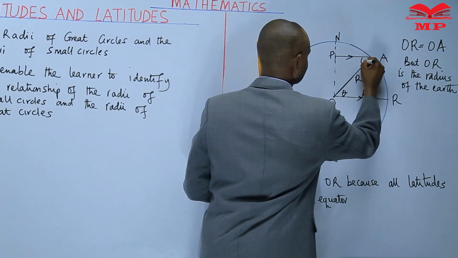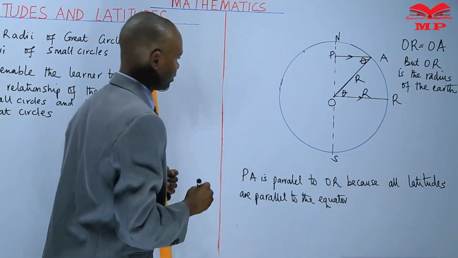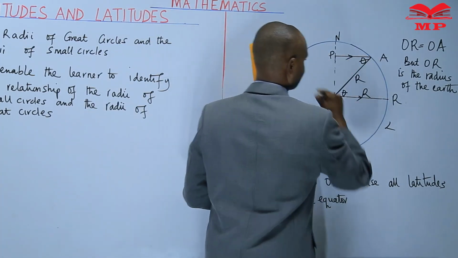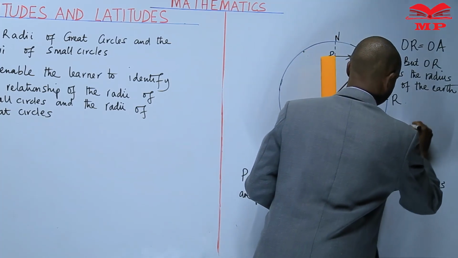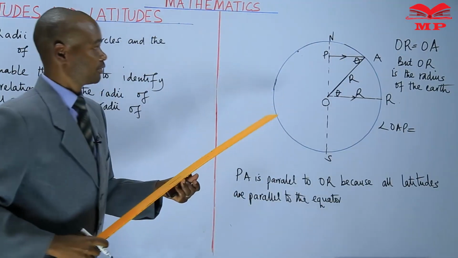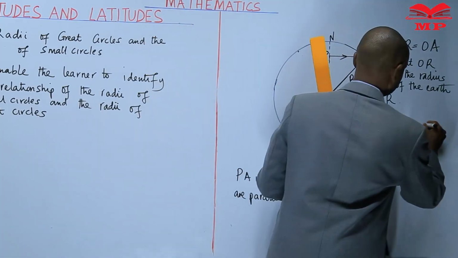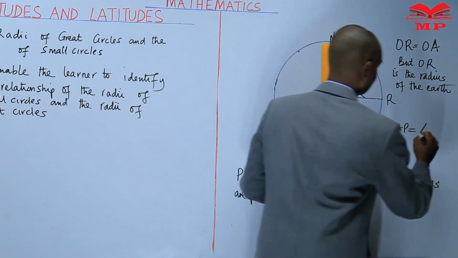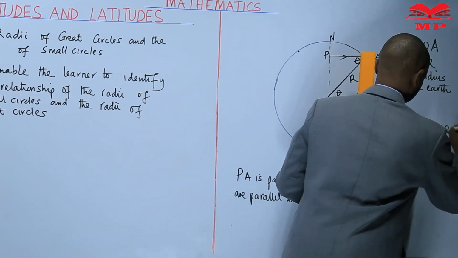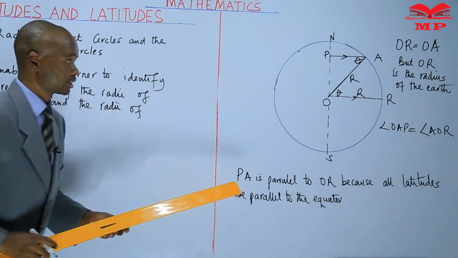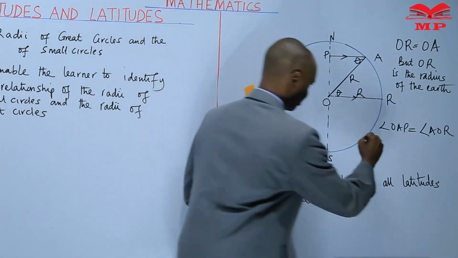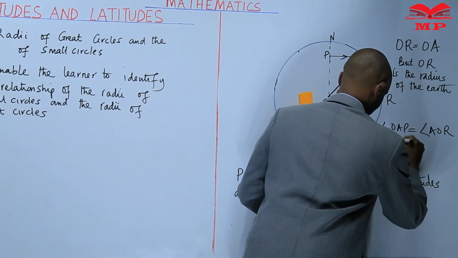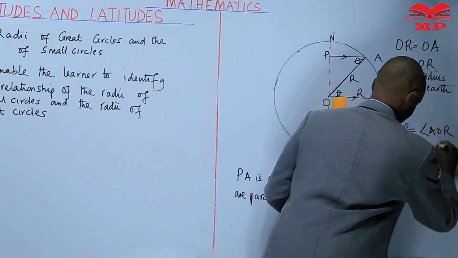And this angle OAP is equal to angle AOR. Lana, those are called alternate angles.